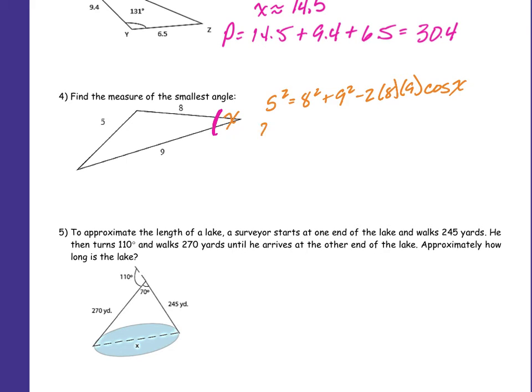So I've got 25 equals 64 plus 81 minus, it's 8 times 9 times 2, 144.